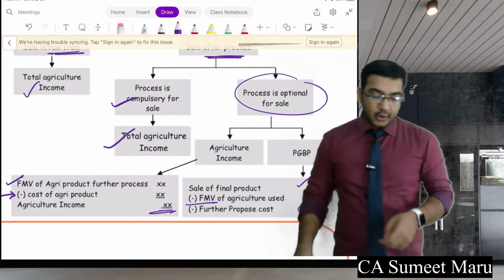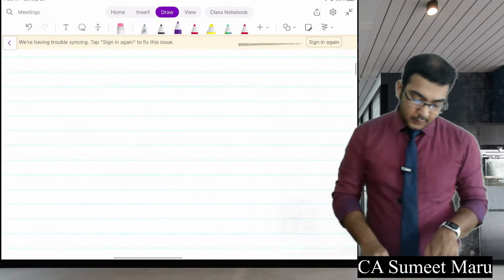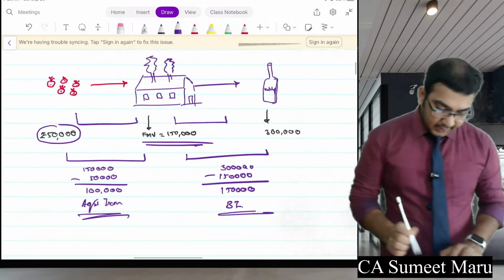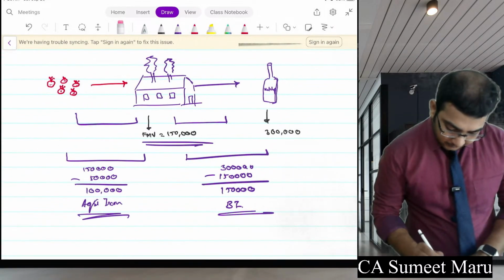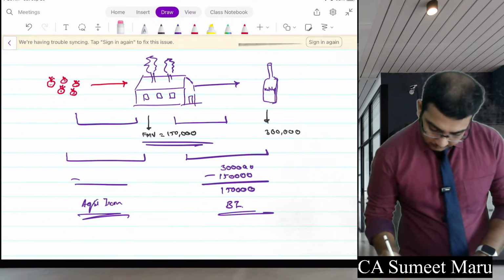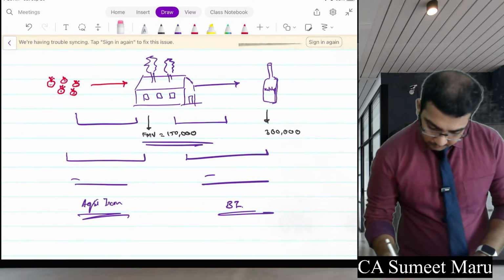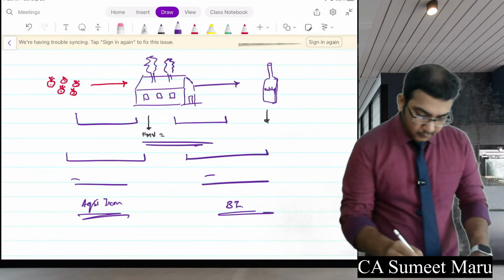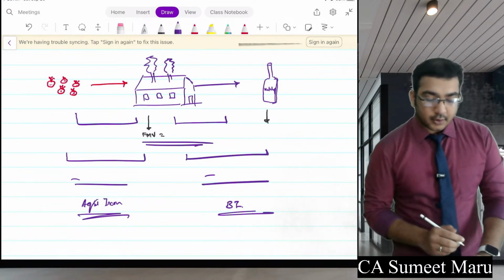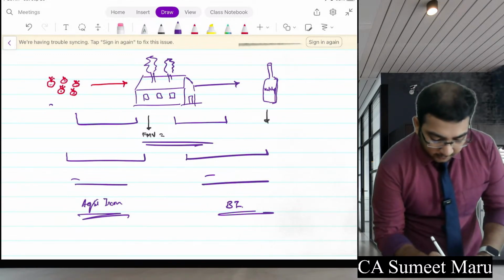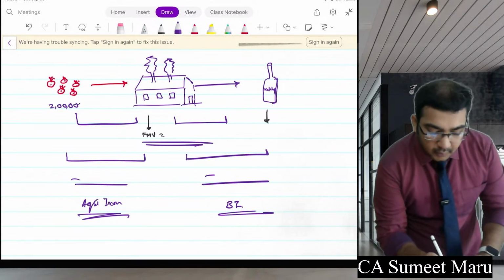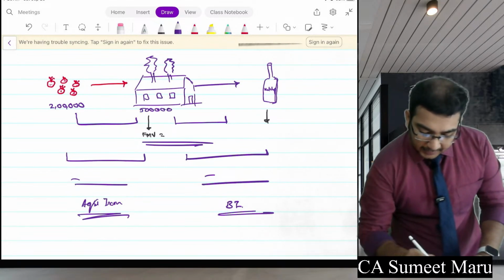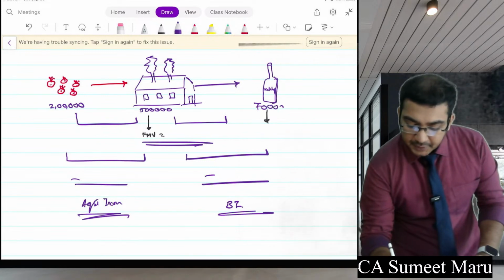Okay, do you want to go through one more example? Just let me give you one more example here. I will just change the figures. Say the cost of growing tomatoes is 2 lakhs, fair market value is 5 lakhs, selling price is 7 lakhs as ketchup.